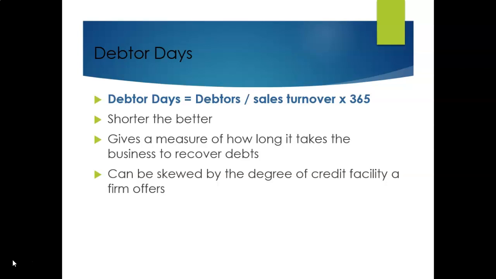And if I want it in months, it will be 12 months. Hence, this formula can be customized with respect to the analysis required. And this is shorter the better. Why? Because the shorter the data is, that means you are able to recover the receivables early. It gives a measure of how long it takes the business to recover debts.